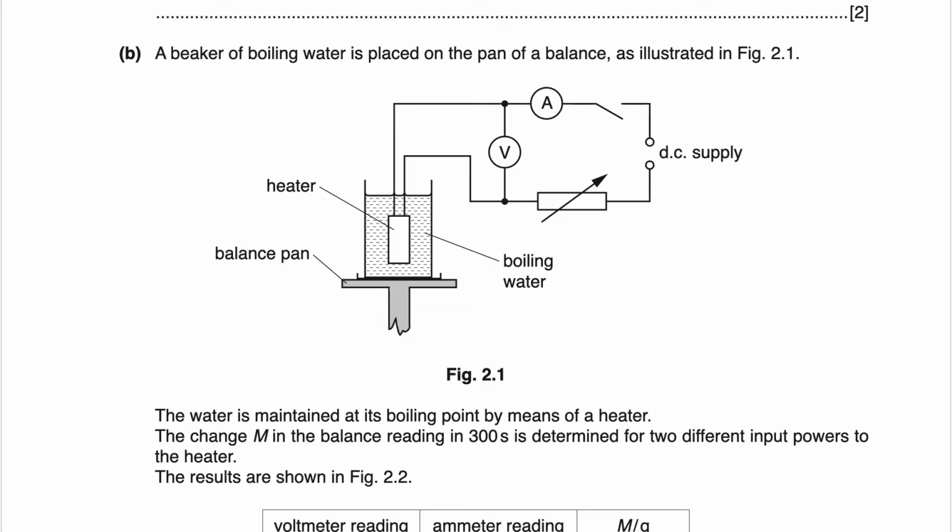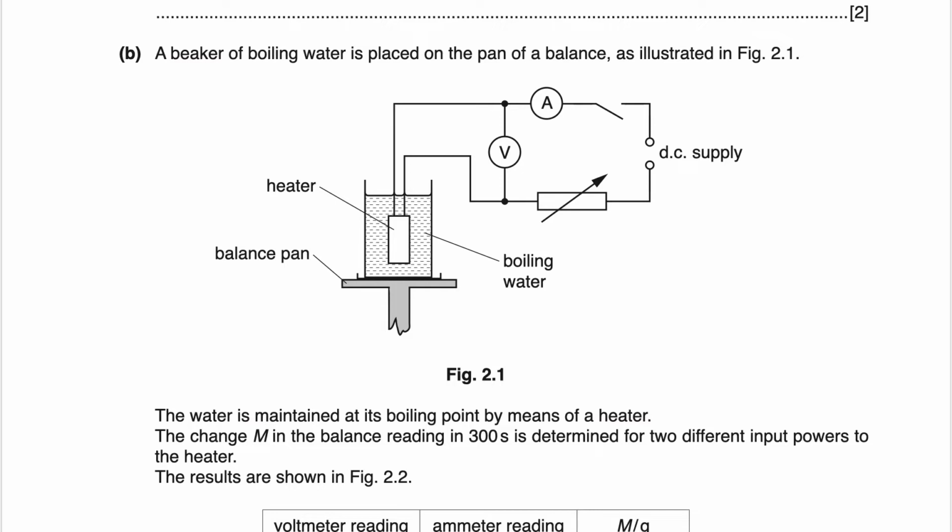Now the water is maintained at its boiling point. Okay, so no need for a thermometer. It says it's at boiling point. We know that water's boiling point is 100 degrees Celsius. Now there is a change occurring. If you heat the water above the boiling point, the temperature will not increase.